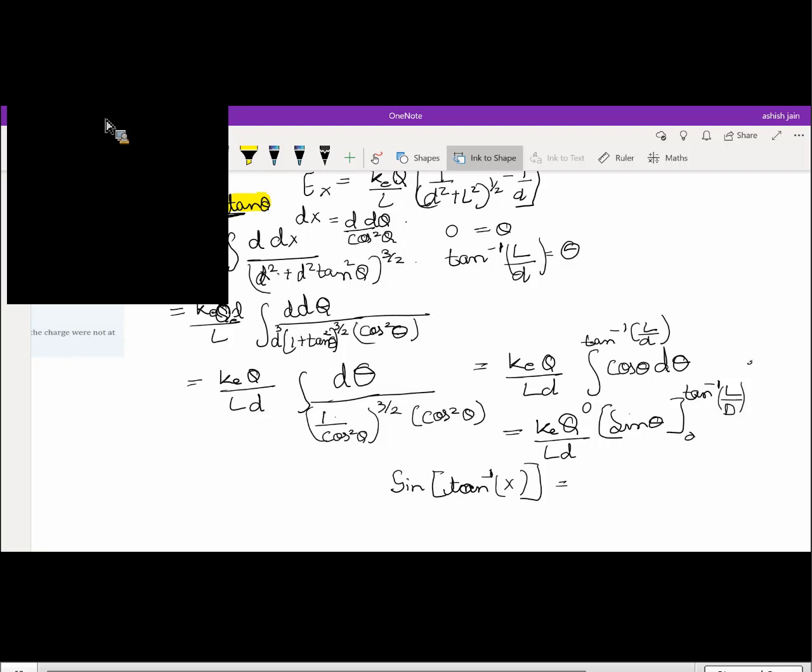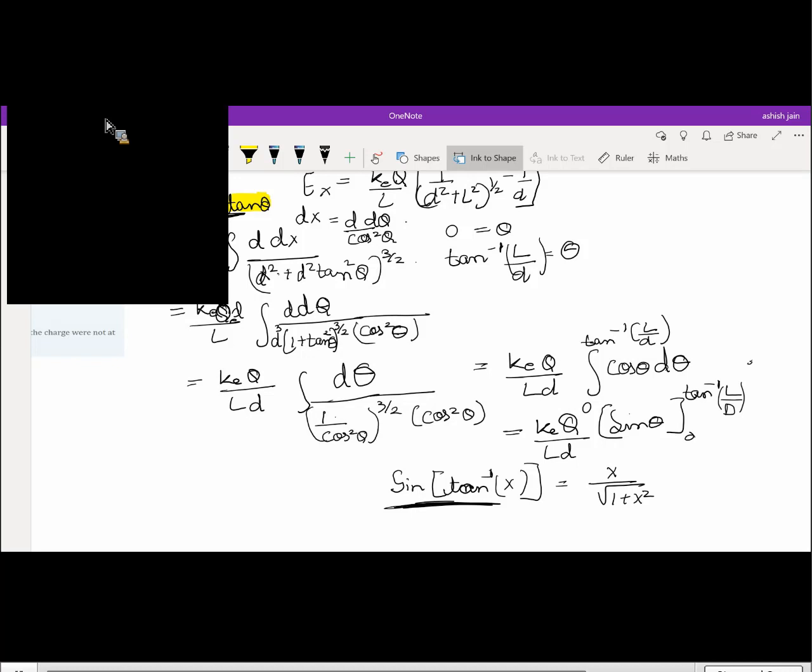Anyway, so another identity is that sine of tan inverse x can be written as x by root 1 plus x squared. It's a very simple trigonometric identity. I hope you know it. If you want me to prove it, I can, but it will just take time.